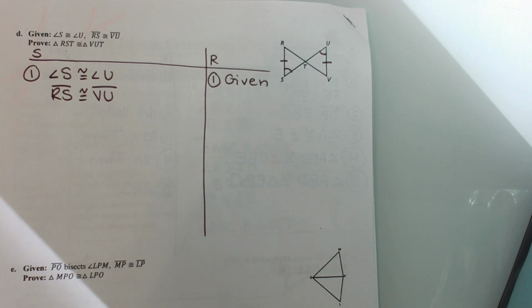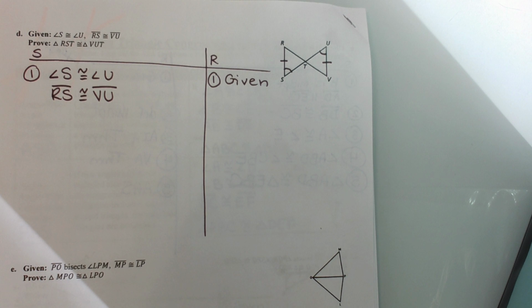The reason I like to do this one after the last one is because this one looks very similar to the last one. Like, really, really close. It's that bow tie shape almost again showing up. One of the things that people tend to try to do on this one is alternate interior angles.